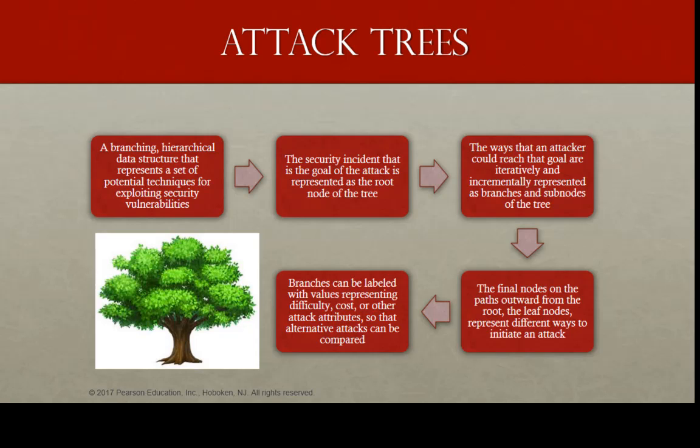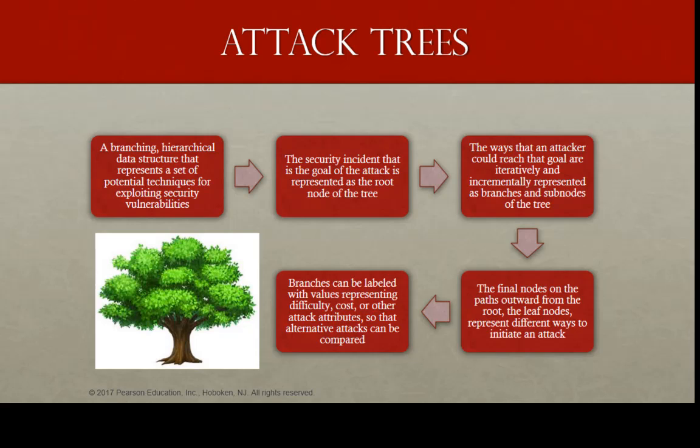The final nodes, the paths outward from the root, that is, the leaf nodes, represent different ways to initiate an attack. Each node other than a leaf is either an AND node or an OR node. To achieve the goal represented by an AND node, the subgoals represented by all of that node's subnodes must be achieved.